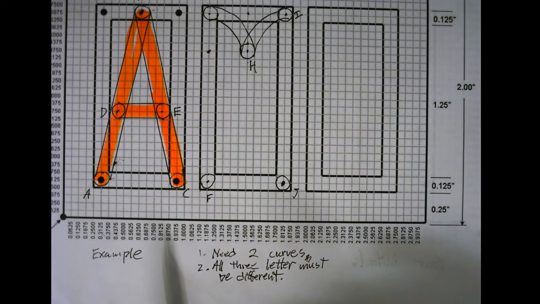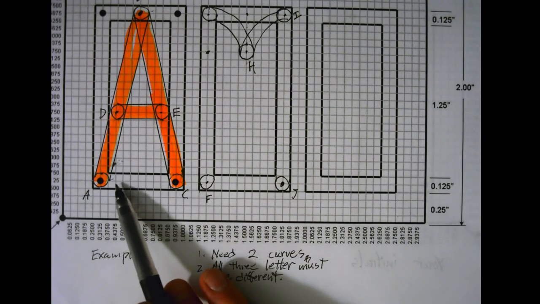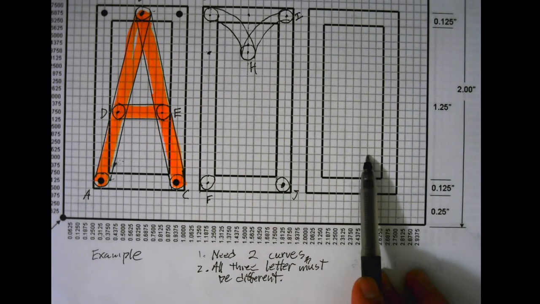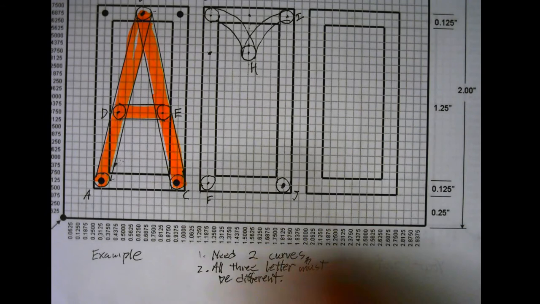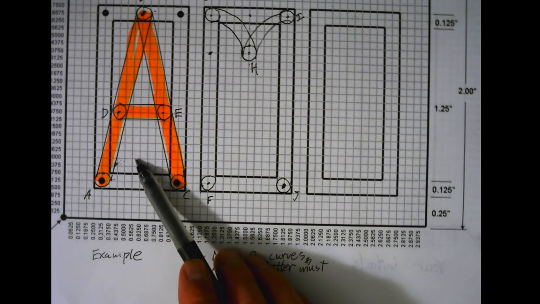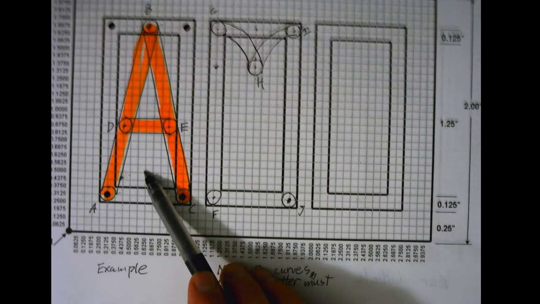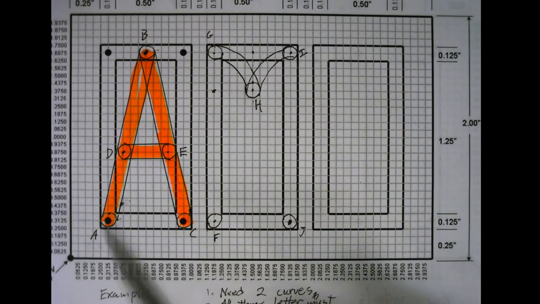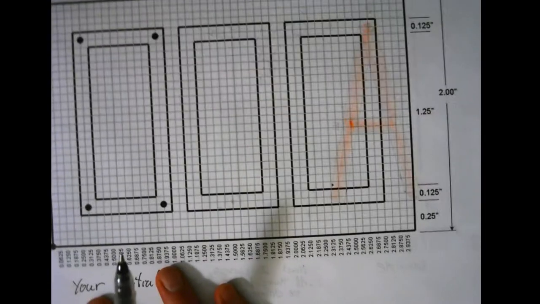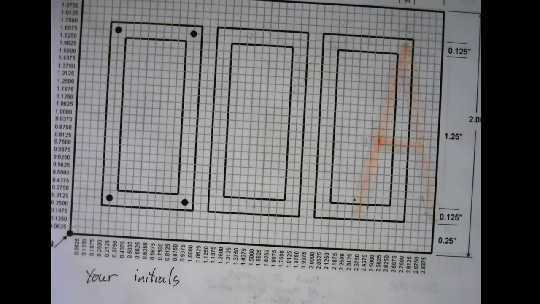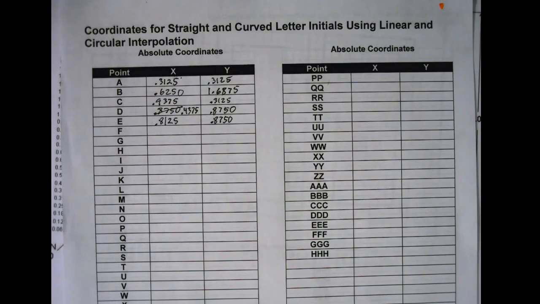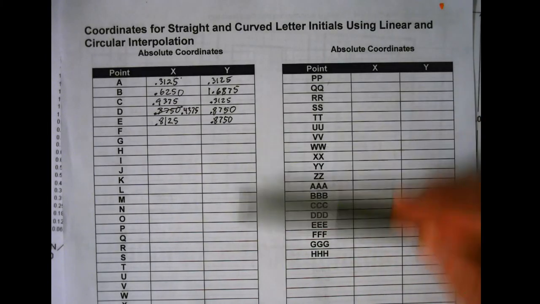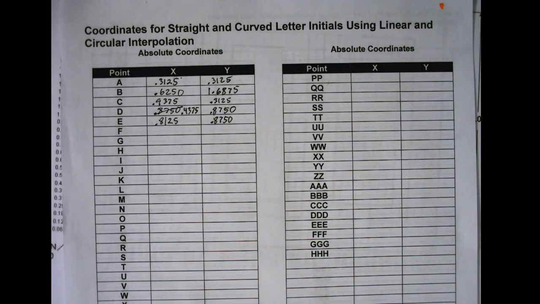Like I said earlier, let's say my last initial was A, I would have to do a different style A than this A. I want them to be different, just because of the nature of the challenge of the assignment. Okay, so you can flip it over, start working on your initials, map them out first, and then write out the X and Y values for your initials, and that's really what's going to be due for this part of the assignment.